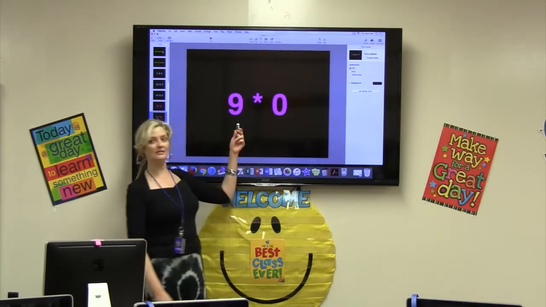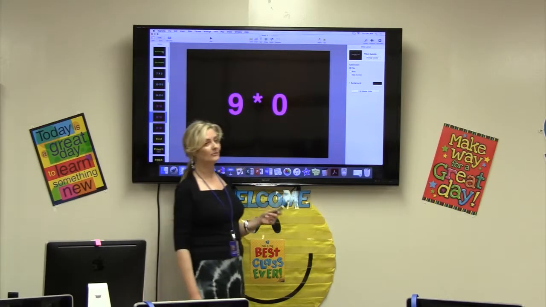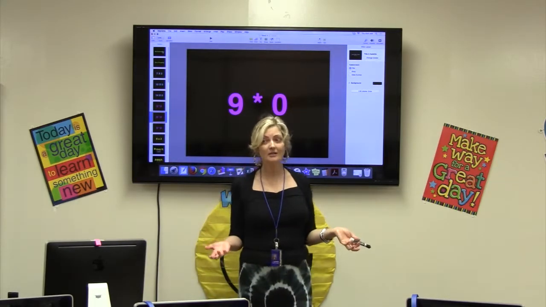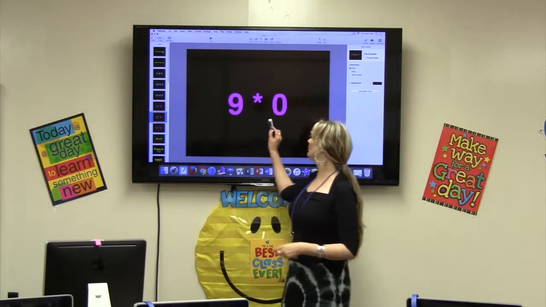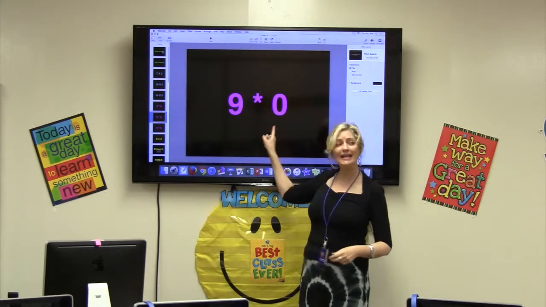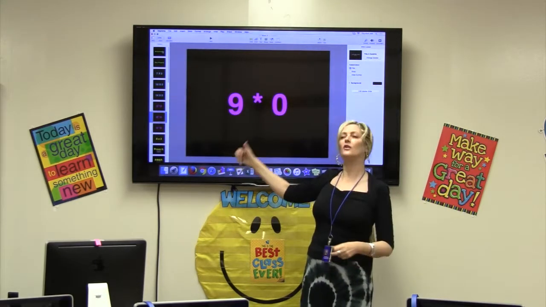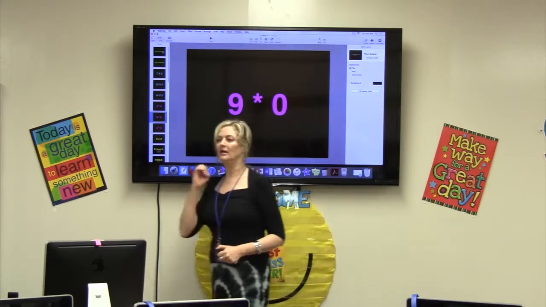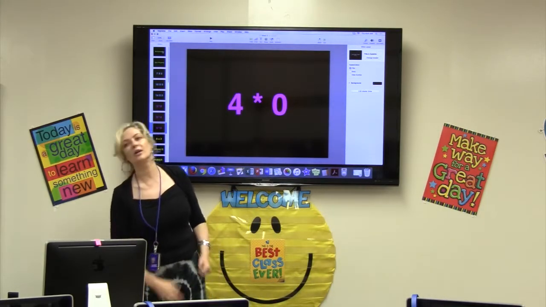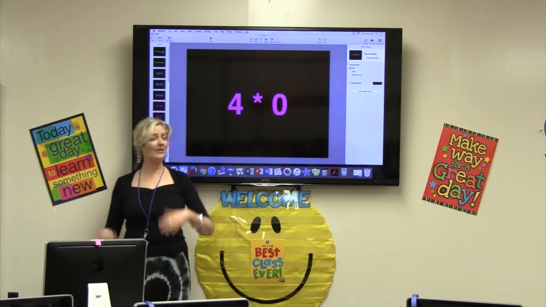Moving on. Read this for me, please. 9 times 0 equals 0. Absolutely. Why? Because we have identified a 0 in the multiplication equation, so the product is always going to be 0, no matter where it is, and we're going to talk about that in a moment. And here we go.